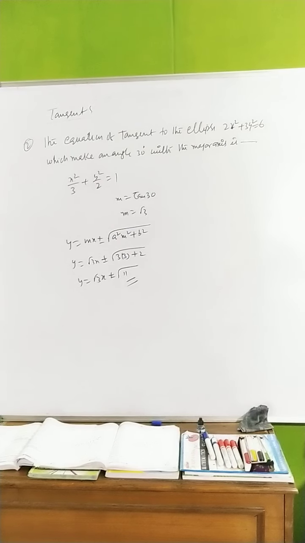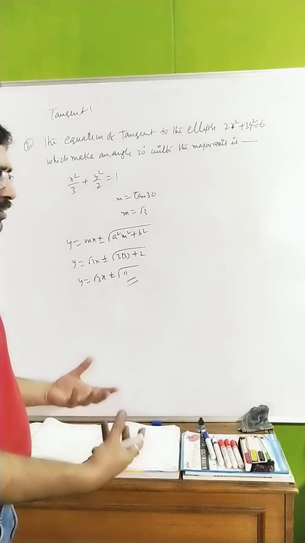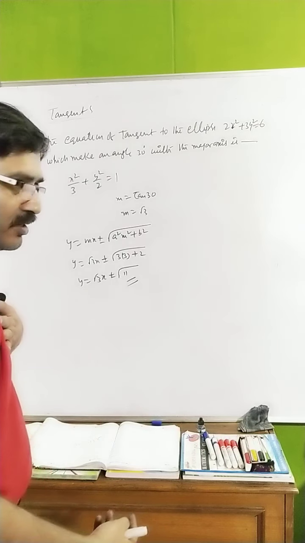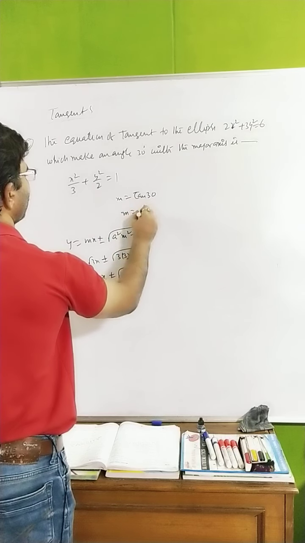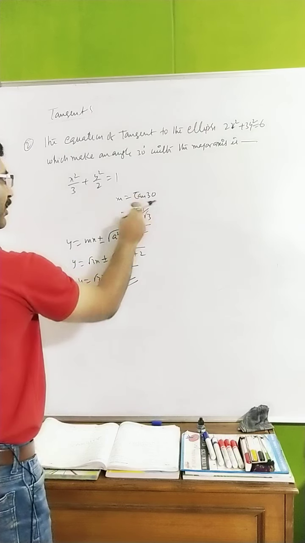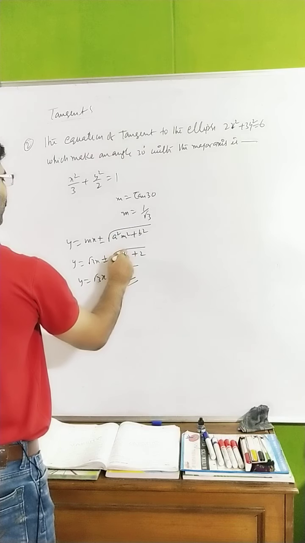See here, in speed people can commit a mistake. I also committed a mistake. What is that? I wrote tan 30 as root 3, but actually it is 1 by root 3. So in the place of m squared I had to write 1 by 3.